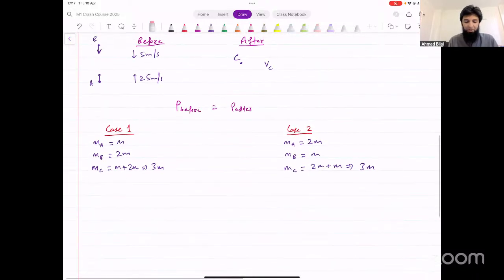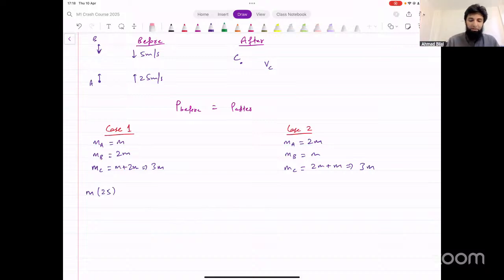And now in the first case, if we apply conservation of momentum here, let's see what we get from that. Momentum before collision. Mass of A, that is M, times the velocity of A, that's 25. Now we have to consider one direction positive.